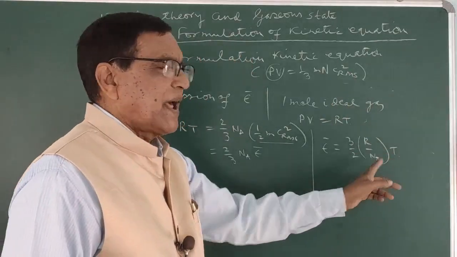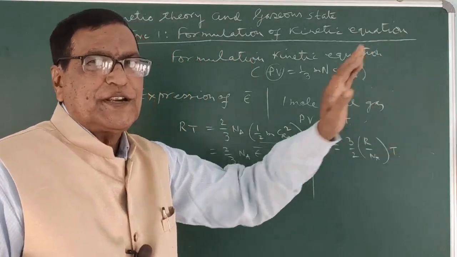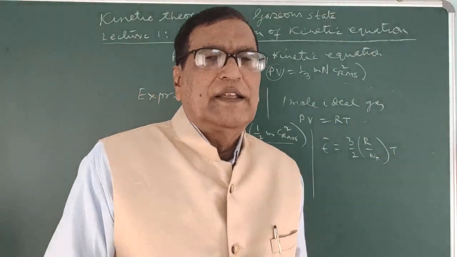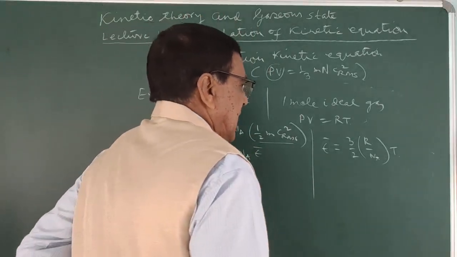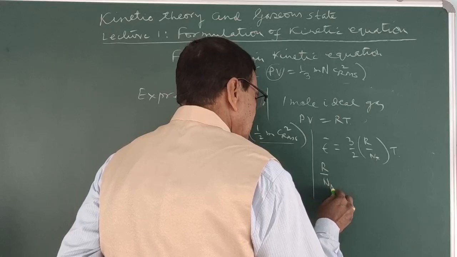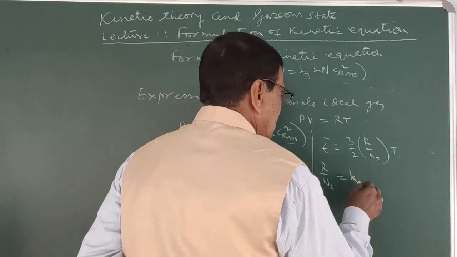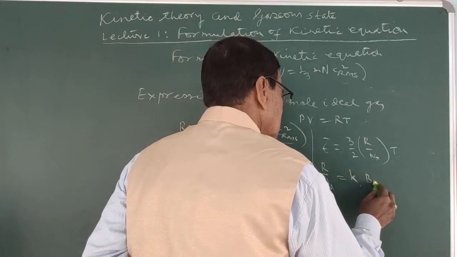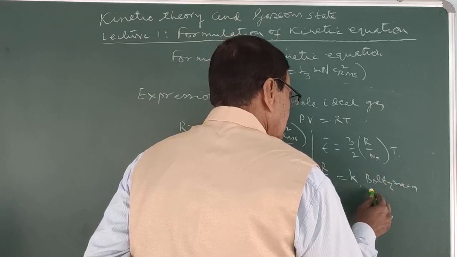This term within the bracket is constant. So average kinetic energy is directly proportional to temperature in Kelvin scale or absolute scale. R by Avogadro number is called K, the Boltzmann constant.